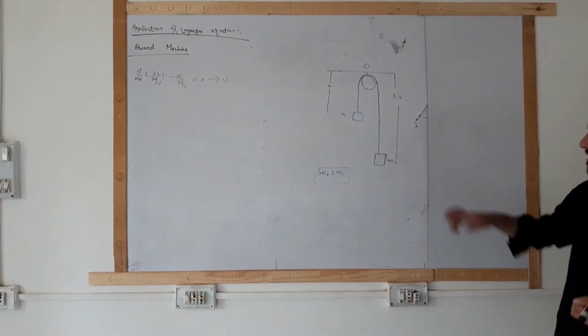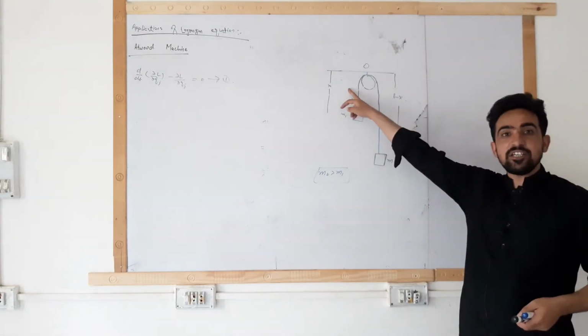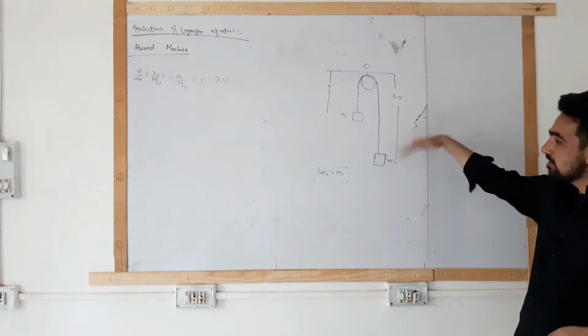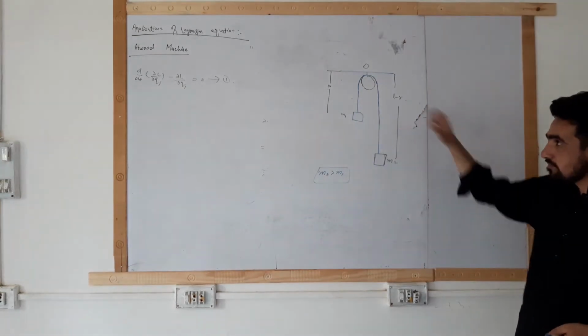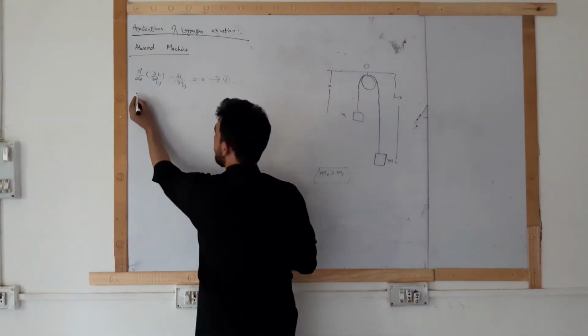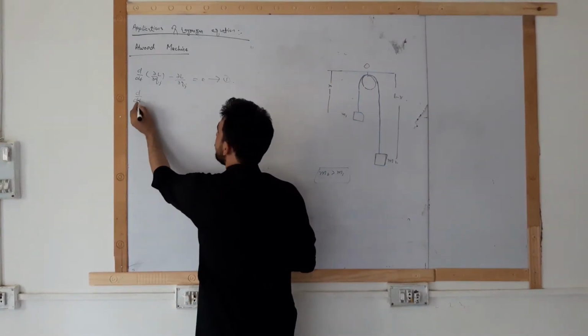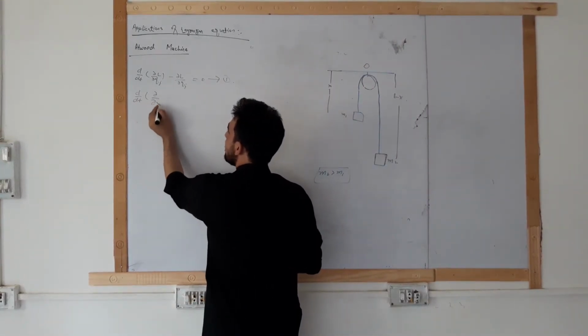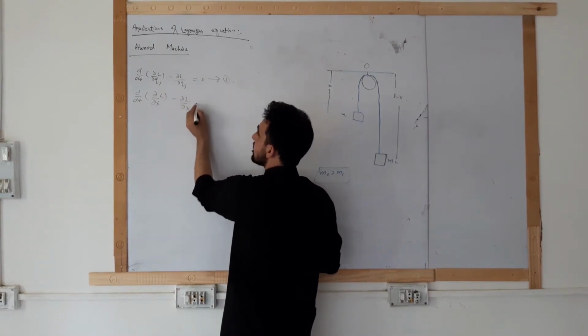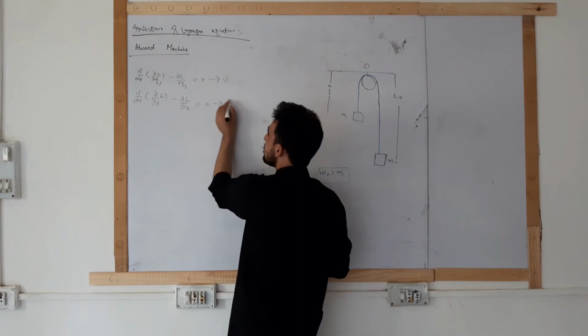If we look at our system, we have only one degree of freedom, and that is x, which is varying with time. So our equation in terms of x becomes d by dt of partial L by partial x dot, minus partial L by partial x, is equal to 0, and this is equation number 2.